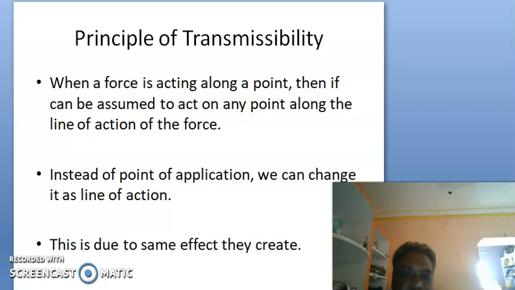So whether it is statics or dynamics, the effect created at different points is the same. That is, throughout engineering mechanics, the principle of transmissibility is effective.